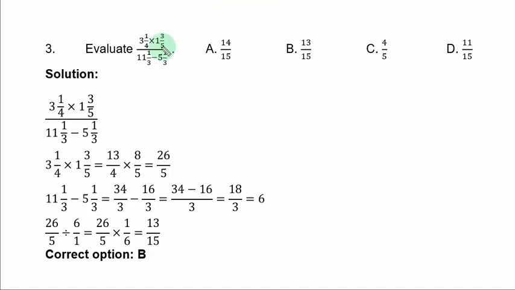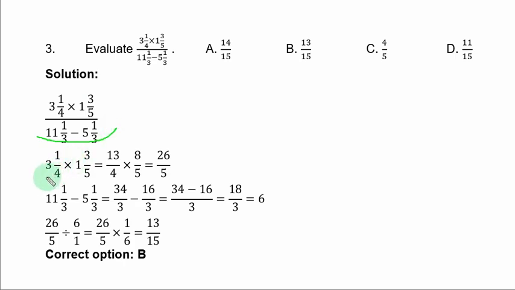Question 3. Evaluate 3 whole number 1 over 4 times 1 whole number 3 over 5, all over 11 whole number 1 over 3 minus 5 whole number 1 over 3. Solution. This is the given problem. Now let's take it part by part.